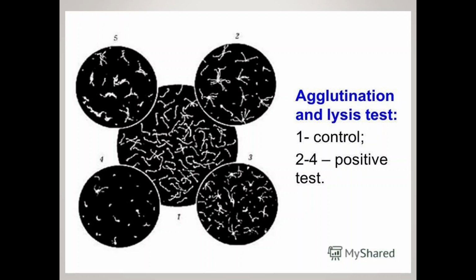On this slide you can see the principle of the agglutination and lysis test. On the first picture you can see free Leptospira appearing one by one, and on pictures 4 to 5 you see the interaction between different Leptospira.